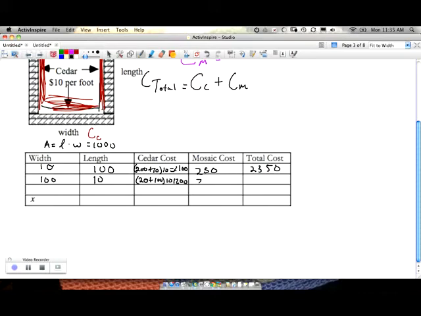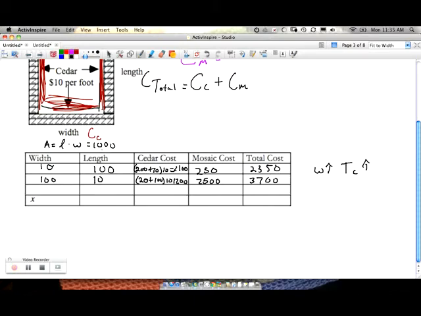The other one is 100 times 25, or 2,500. Now if I put those two together, we got 3,700. So it really costs, when the width goes up, the total cost goes up. That's what we're kind of looking at.